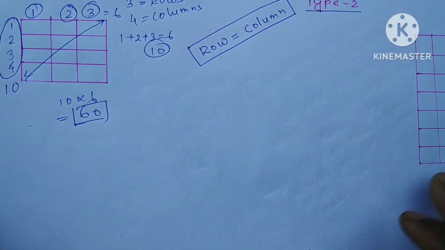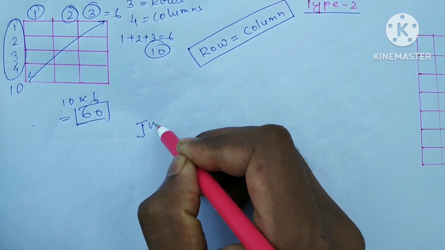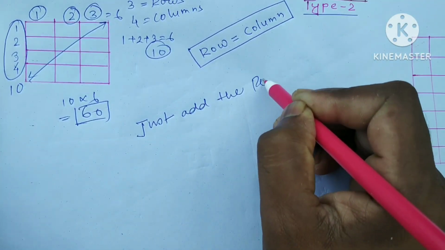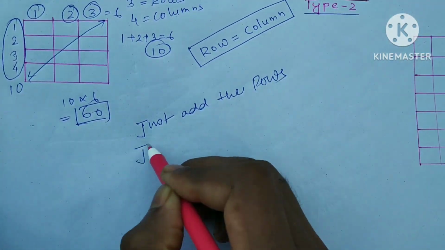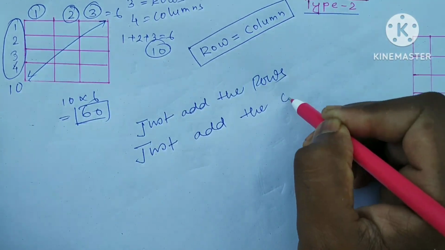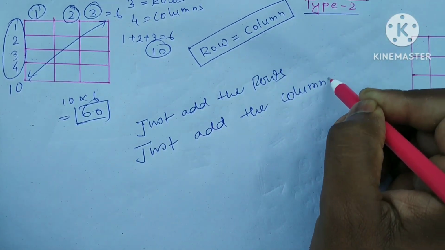So what is the trick? The trick is just add the rows, just add the columns.